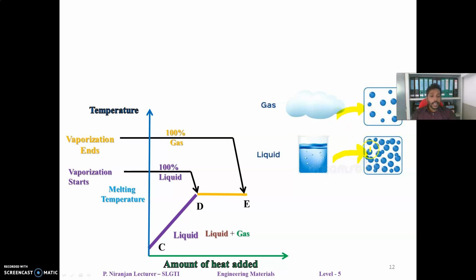You can see here the intermolecular space of liquid and gas is a little bit different. When we compare to the liquid, in gas the intermolecular space is very high. I give some pictures also.